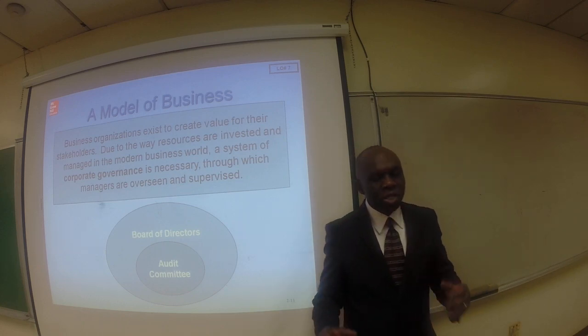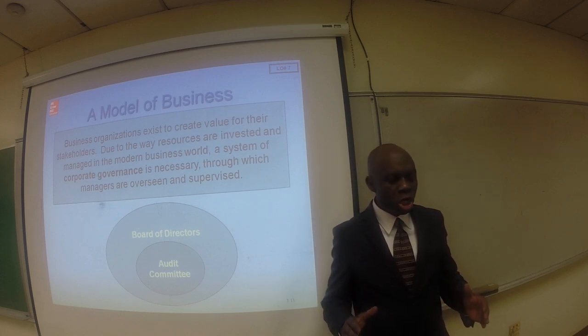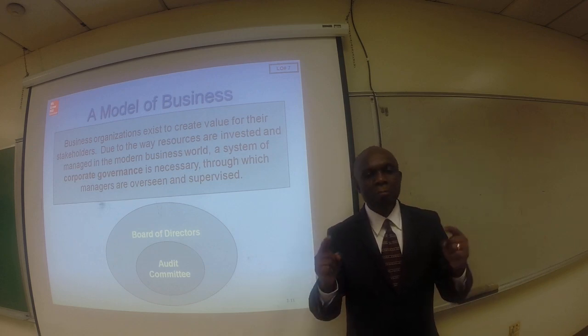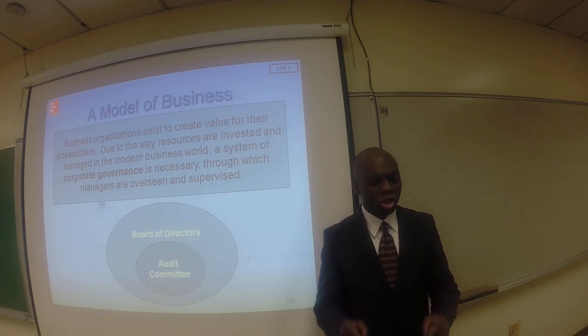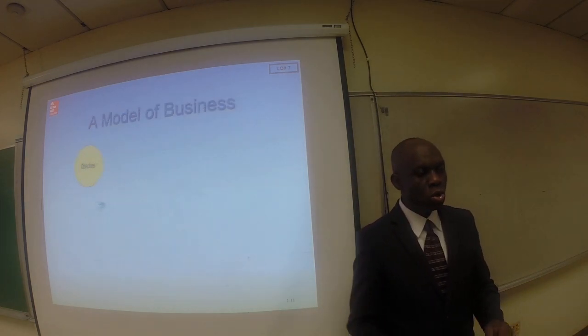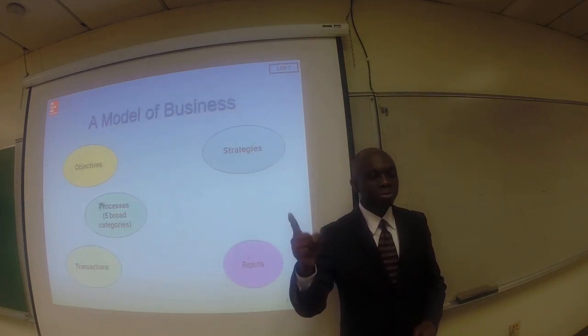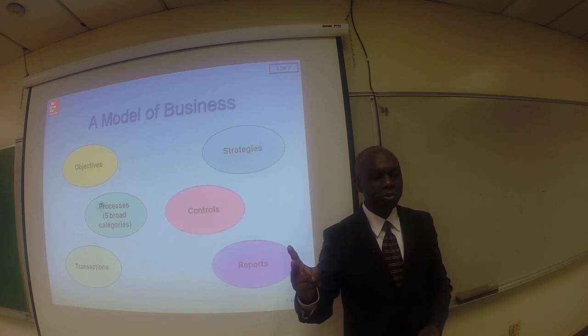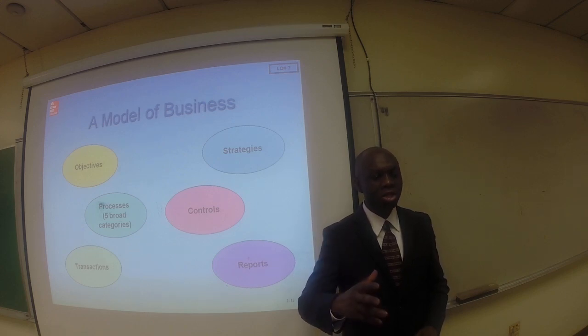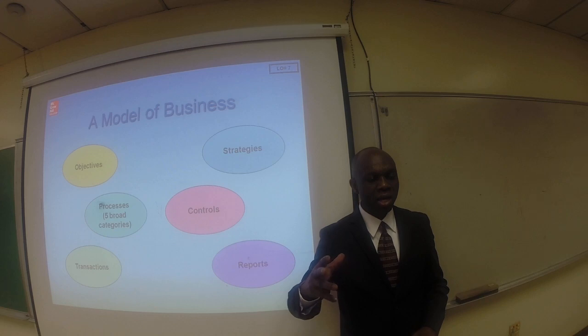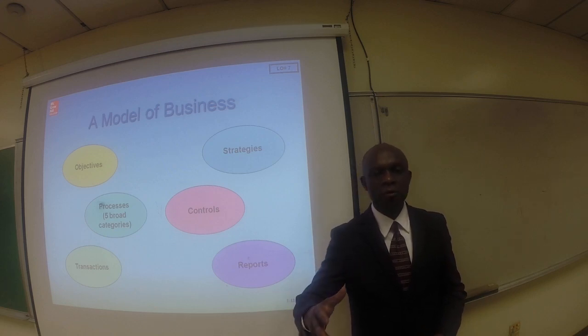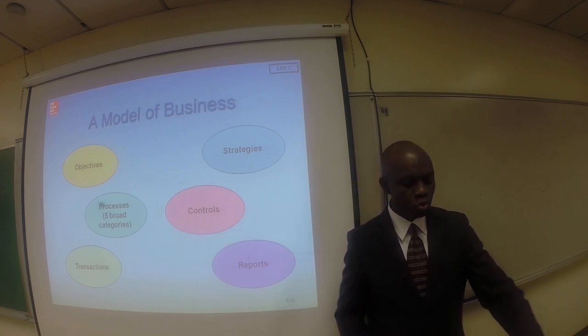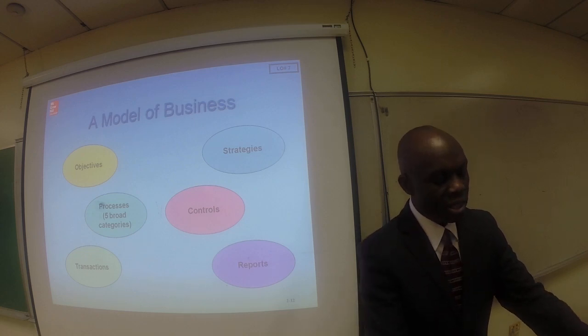Now, we said that to make for good corporate governance, management is responsible to set up objectives, strategies, carry out processes properly, put controls in place, engage in different transactions, and ultimately generate meaningful reports for different constituencies, primarily the stakeholders.